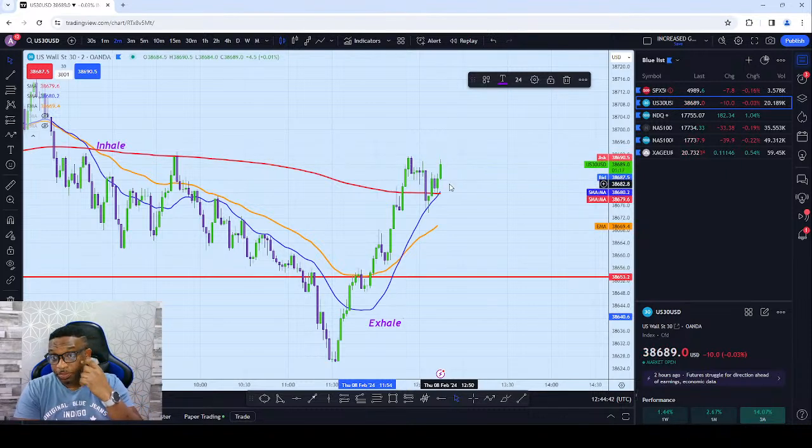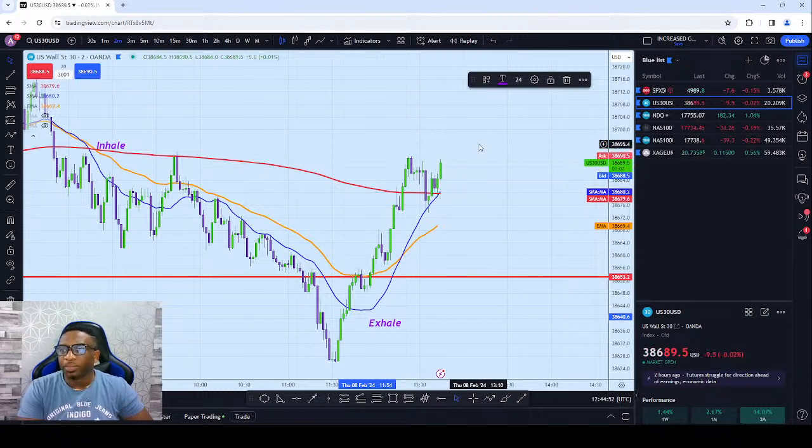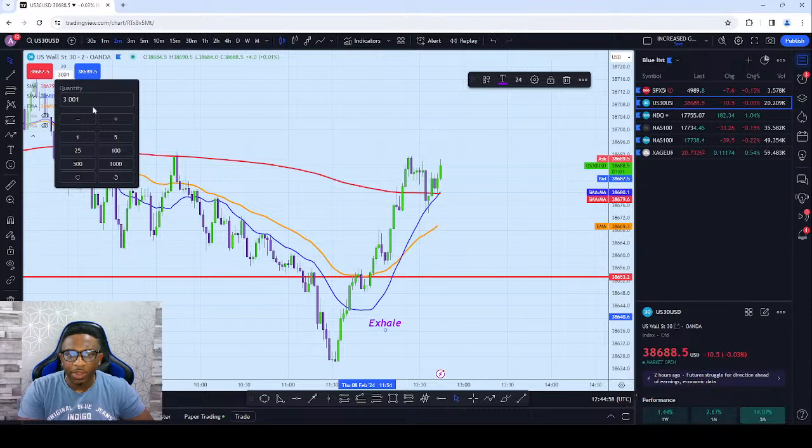So it looks like US 30 is pushing up. So I'm just going to put in a trade on here, then the stop loss will be here, because we'll see how it plays out.